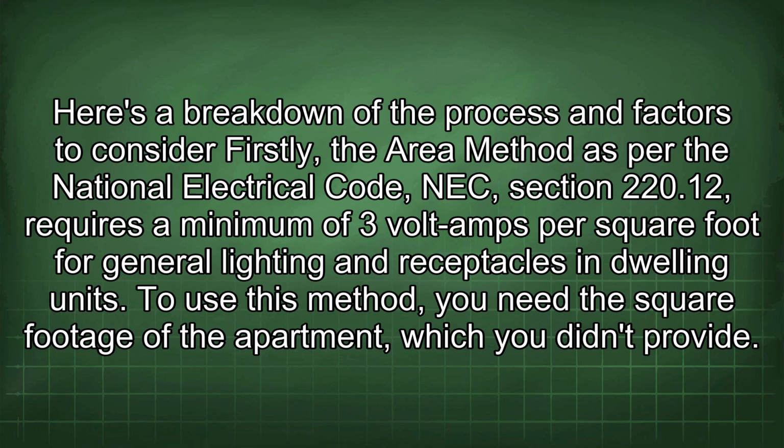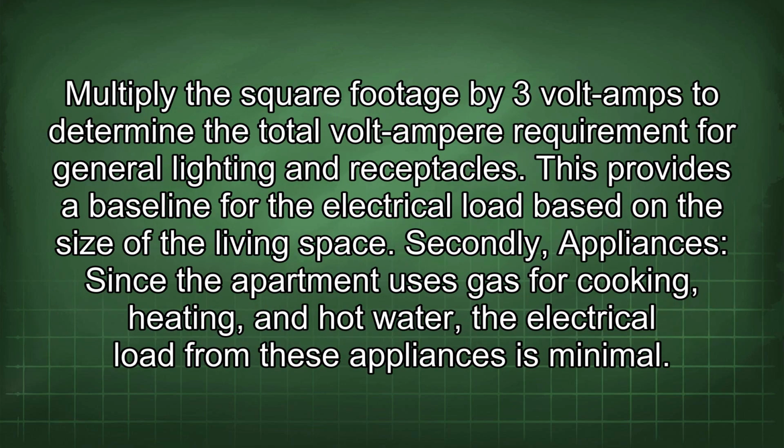To use this method, you need the square footage of the apartment, which you didn't provide. Multiply the square footage by 3 volt-amps to determine the total volt-ampere requirement for general lighting and receptacles. This provides a baseline for the electrical load based on the size of the living space.